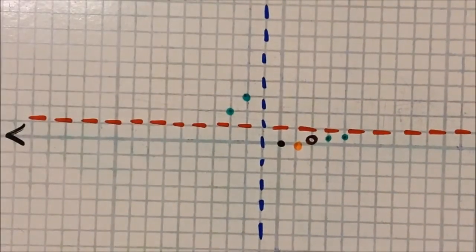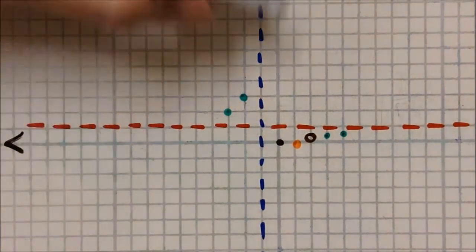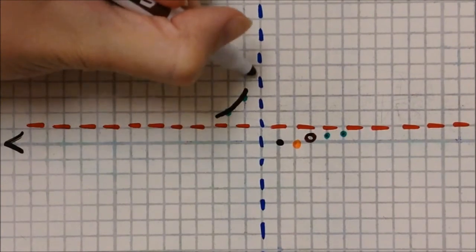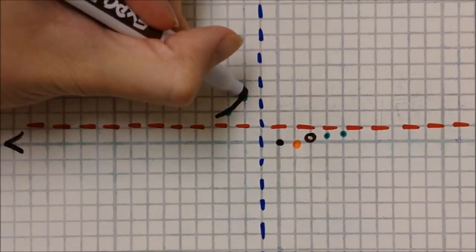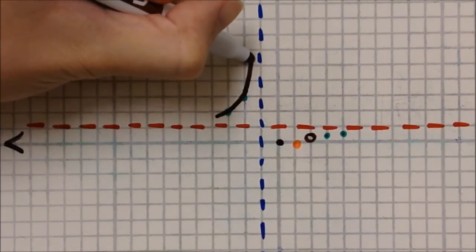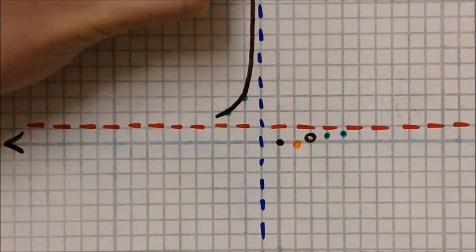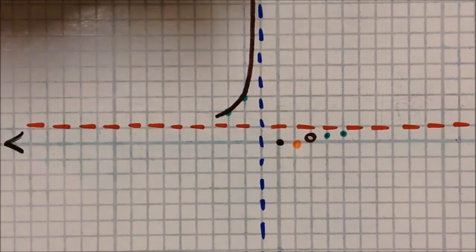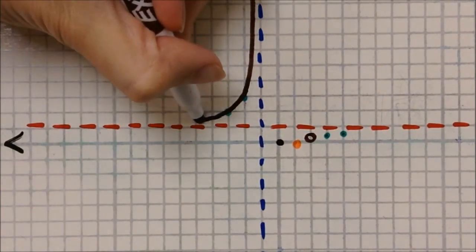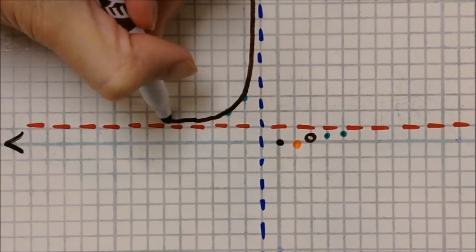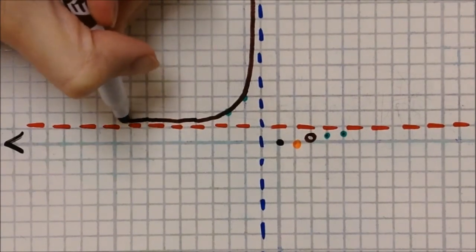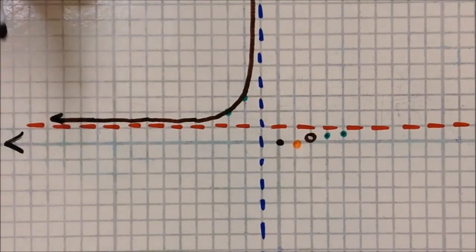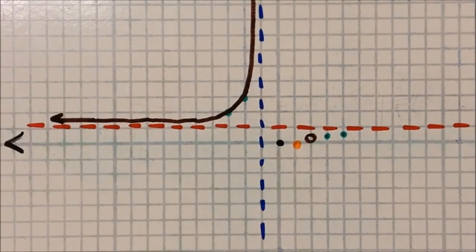So here, if we connect these two, now we see that this one is close to the vertical asymptote, so I'm going to use it as my guide and then just graph along the vertical asymptote. Same thing with my horizontal asymptote. I'm going to use it as my guide, and this won't cross the horizontal asymptote. Same thing over here.